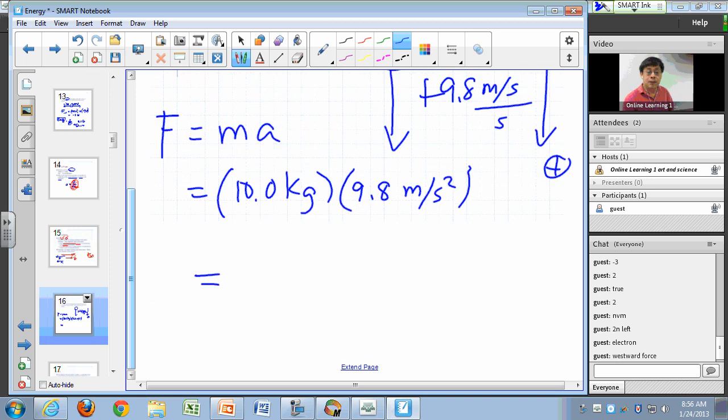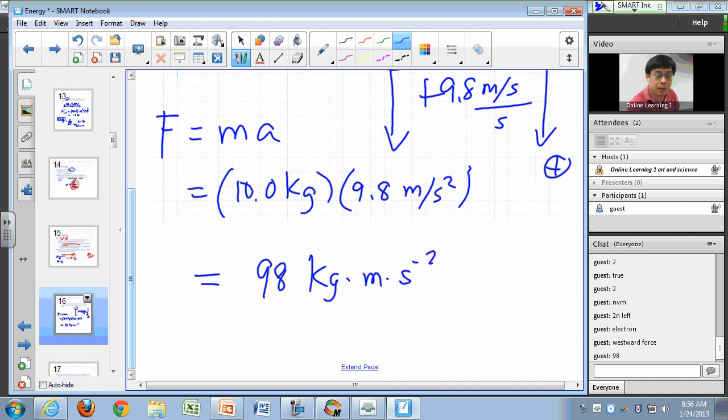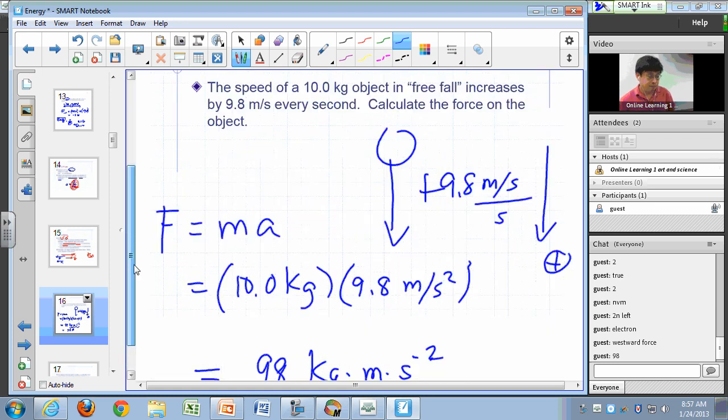And so 10.0 times 9.8 is 98, 2 sig figs. The unit here is kilogram times meters per second squared. This unit we can abbreviate as a Newton. So we say that the downward force is 98 newtons. So you have 98 newtons of force acting on that object as it falls.